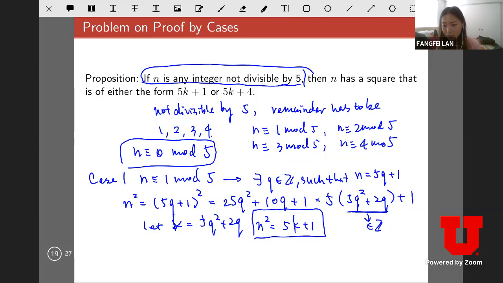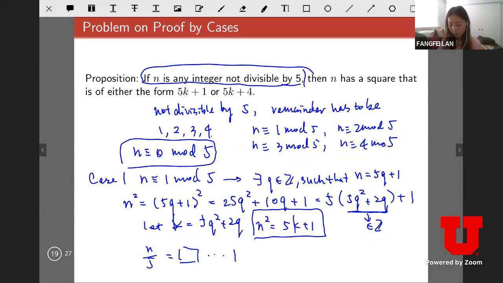Why is n equal to 5q plus 1? There's a question in the chat. This is by the division theorem. I can't remember where it is in the book, but they talked about the division theorem. We're saying that this number divided by 5 has some answer with a remainder of 1.